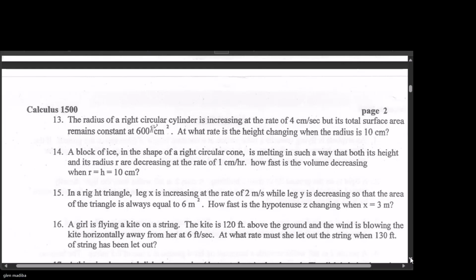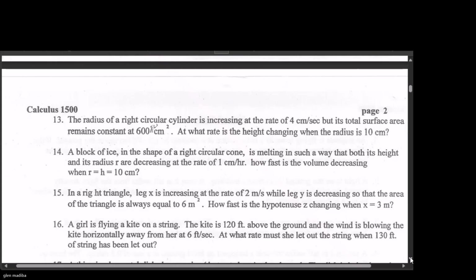So that's why I said the derivative of the Pythagoras theorem is 2s times the change in hypotenuse with respect to time, which is equal to 2 times the base, which is x, times the change of x with respect to time. Then I substituted everything.